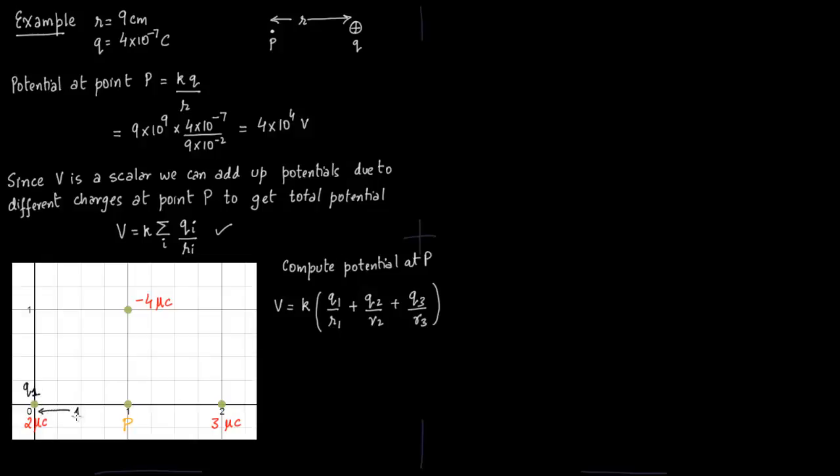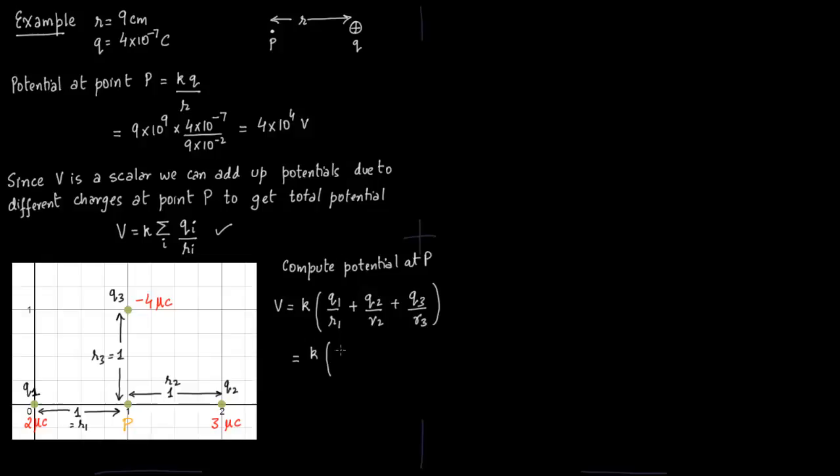The distance from point P is exactly 1. So this is R1. We take Q2 as 3 microcoulomb, and it is at a distance 1 from point P. So this is R2. And we take Q3 as minus 4 microcoulomb, and the distance from point P of charge 3 is just 1, which is R3.